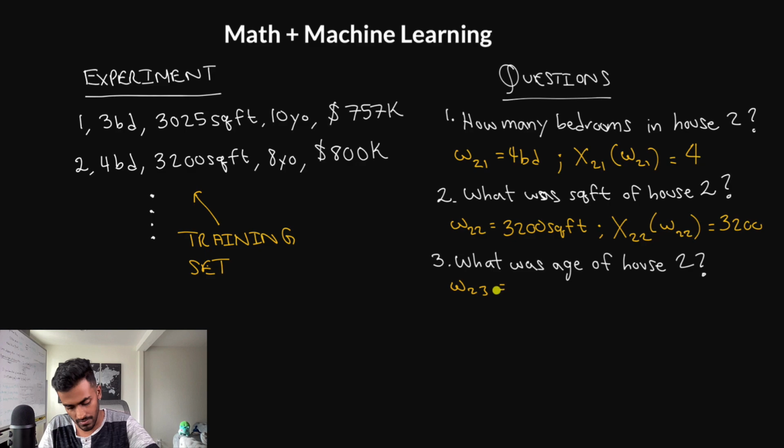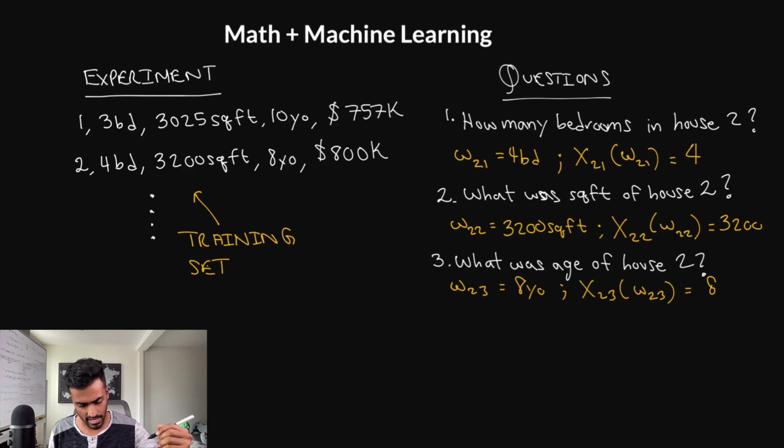And this is going to be, well, what we observe, which is 8 years old. And the random variable we're going to call x23 is going to take this outcome, omega 23, and map it to a number, 8.